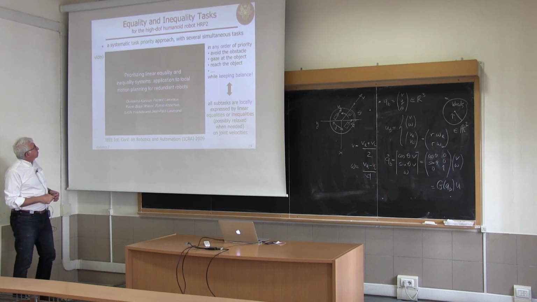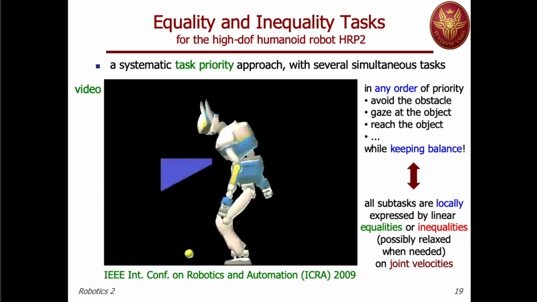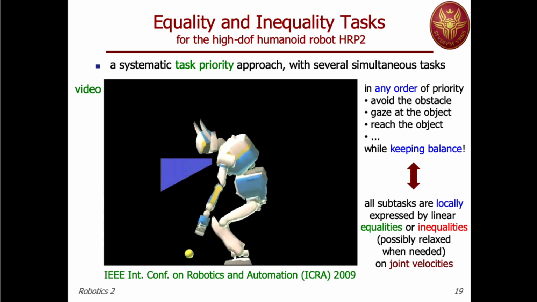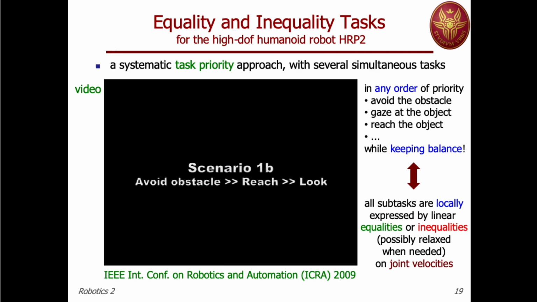So let's see the first task. So avoid the obstacle is more important than look and reach. This is the obstacle. The humanoid is looking at the object and tries to reach with his hand the object. You see that the error is slowly reducing thanks to the fact that he's balancing with the other hand so that he can reach closer to the destination.